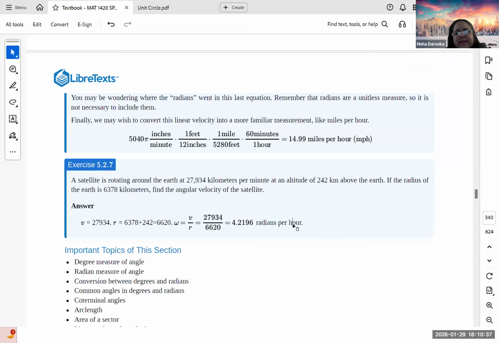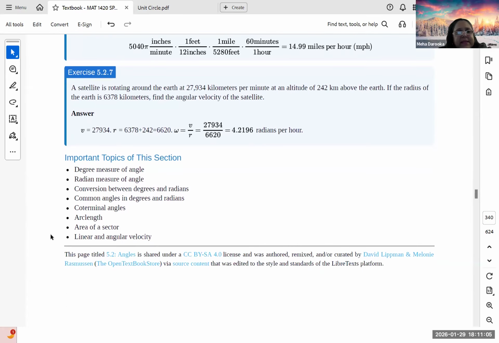So I would say that's a typo there. That should be minutes, not hours. I will see if I can send a note. Sometimes with these OER, they have places where you can let the authors know there's a typo and they will usually fix it. But anyway, did anybody have questions on this?